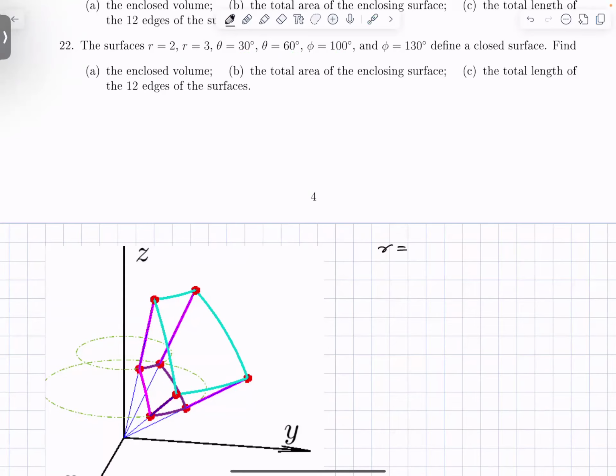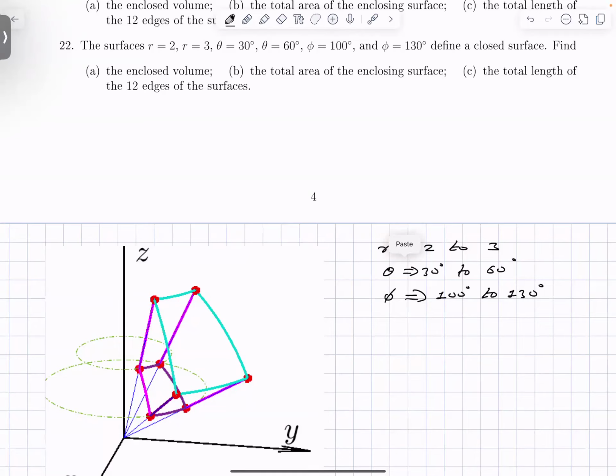R goes from 2 to 3. Theta goes from 30 degrees to 60 degrees. Phi varies from 100 degrees to 130 degrees. So this is given. And now what we'd like to find is the volume of this object.